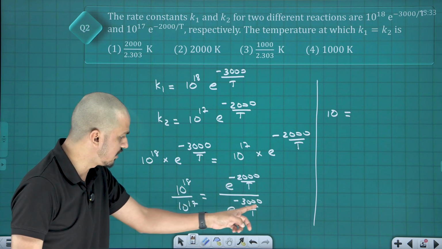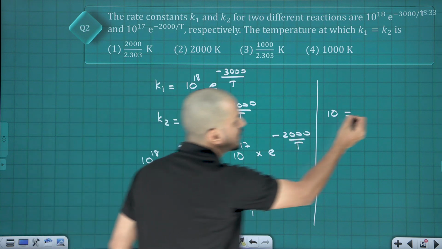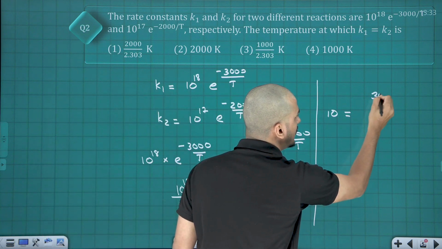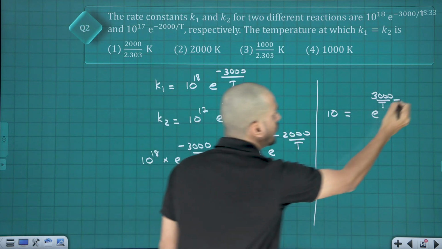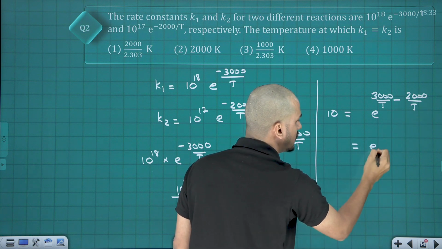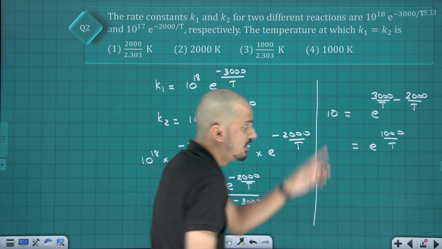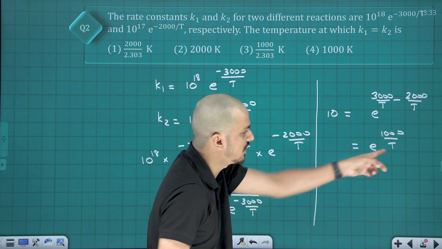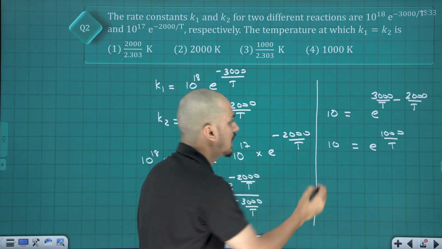So the minus 3000 by T goes to the top and becomes plus 3000 by T. So that is e raised to 3000 by T minus 2000 by T, which is e raised to 1000 by T because the denominators are the same. So e raised to 1000 by T equals 10. What will I do next? I will take the natural logarithm.